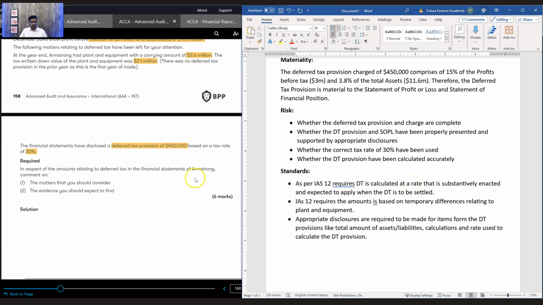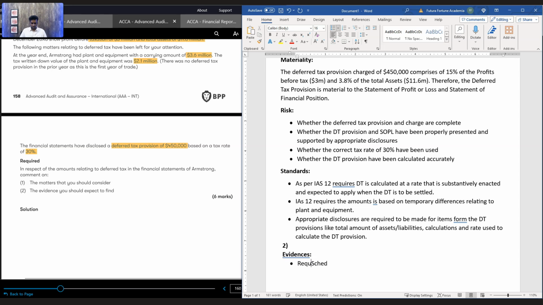And what kind of evidence you can expect, which is the second point. So with respect to the second point, evidences. One, you can ask for a schedule.